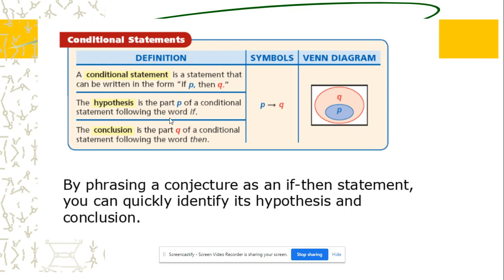The conclusion is the part Q of a conditional statement, and it's following the word then. So if P, then Q. P is your hypothesis, Q is your conclusion. You can phrase any conjecture as an if-then statement so that you can quickly identify the hypothesis and the conclusion.